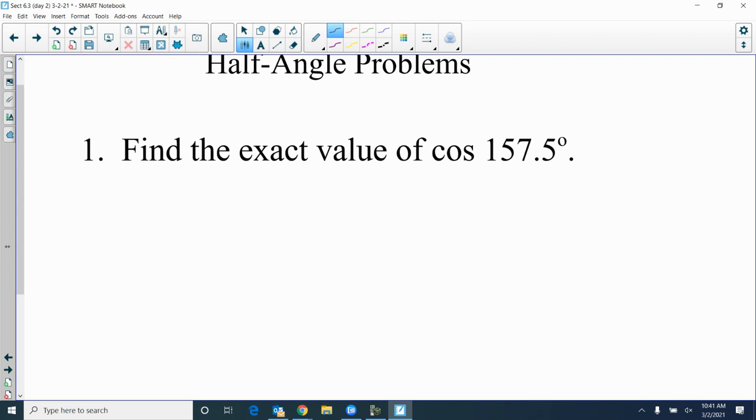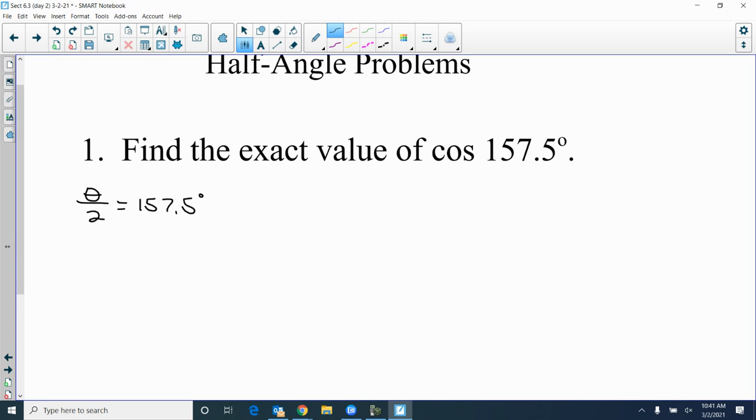Okay. Find the exact value of cosine of 157.5 degrees. Okay. Now, what angle divided by 2 equals 157.5 degrees? Or 157.5 times 2 equals what? 315.